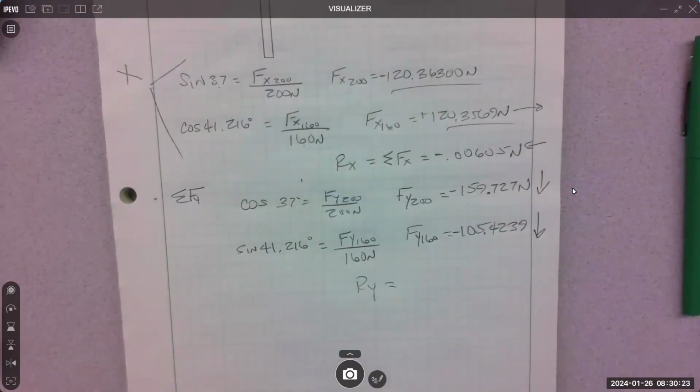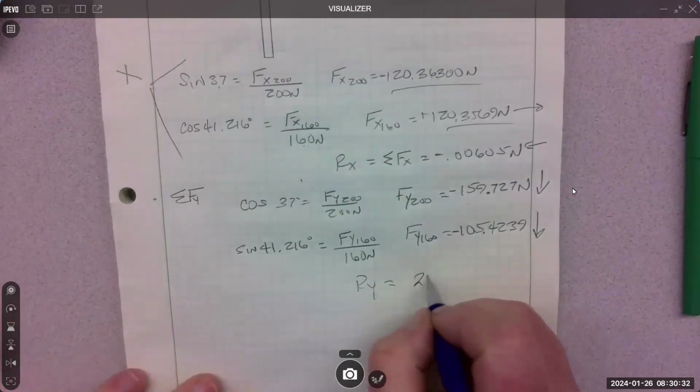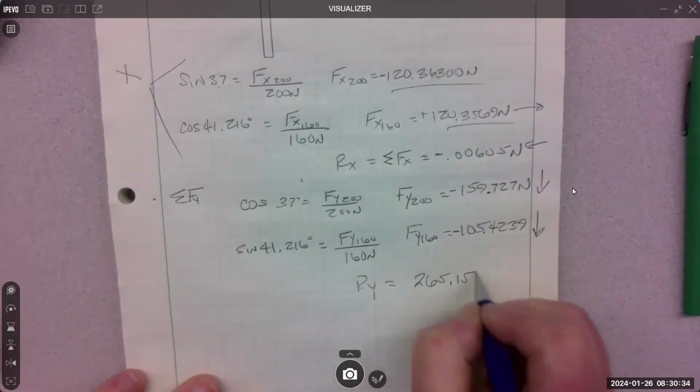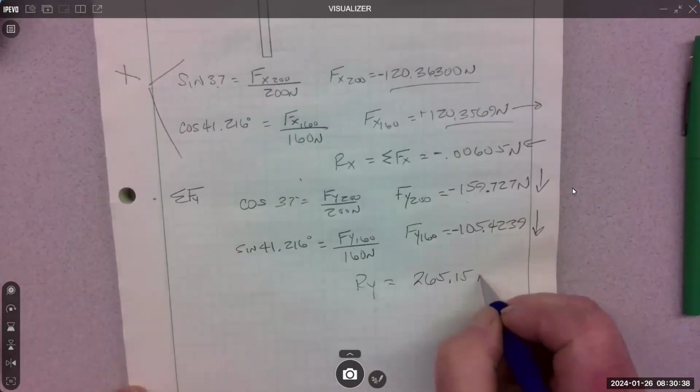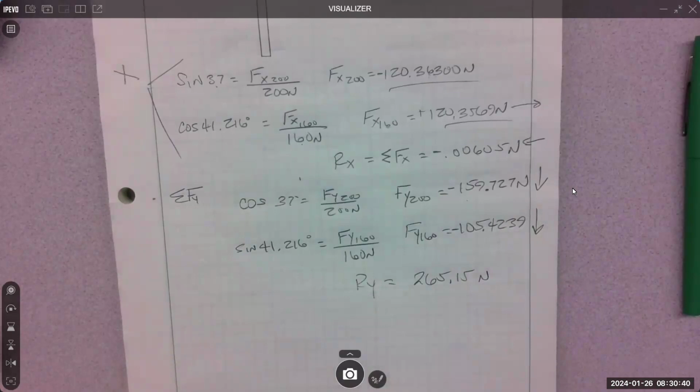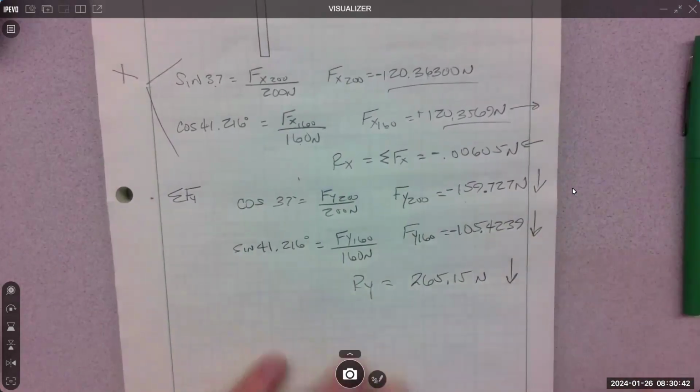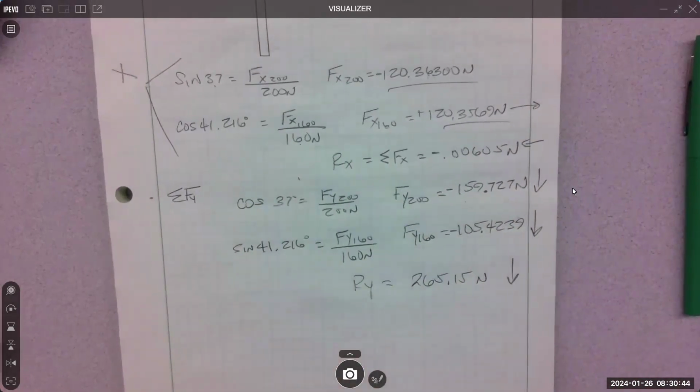All right, what do you get here? Well, these are additive, correct? Yeah, they're both negative. So 265.15 newtons. Is that rounded correctly? Yep. And I'm pretty much going to say that's just vertically downward. The angle's pretty tiny.